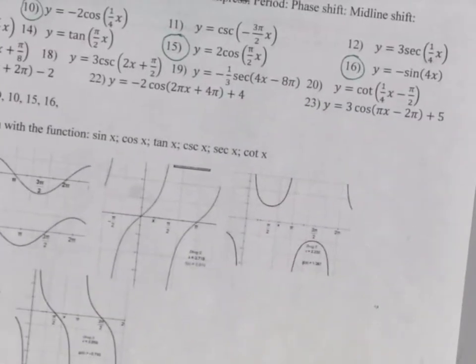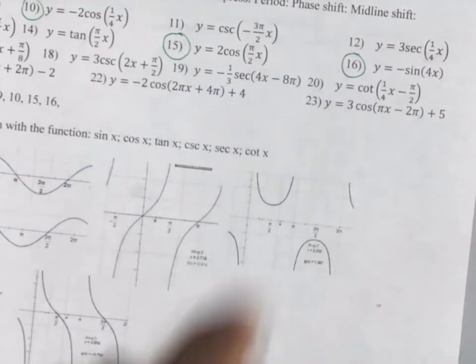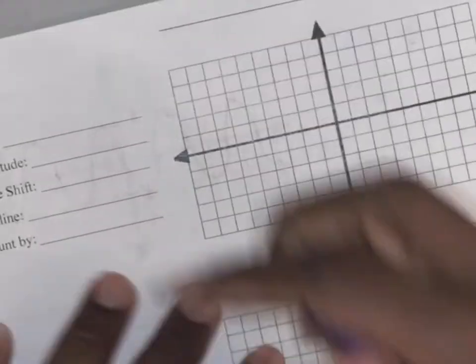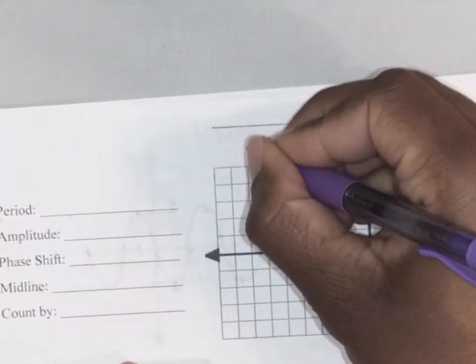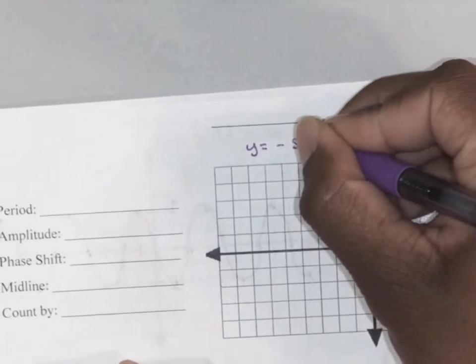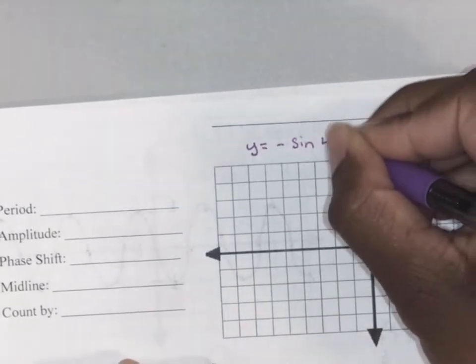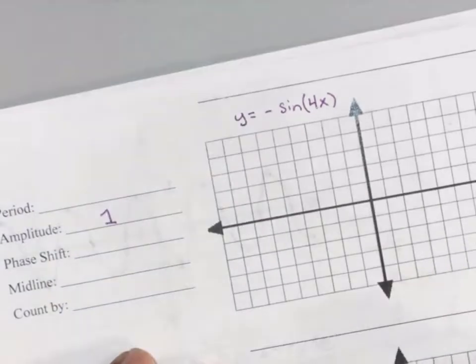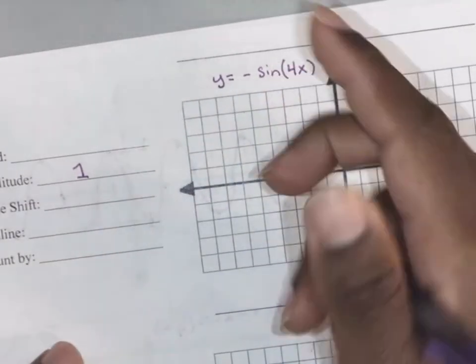So number 16, y equals negative sine of 4x. Amplitude will be 1, even though there's nothing there, it's understood 1's there.